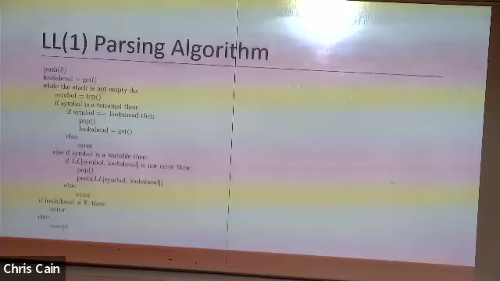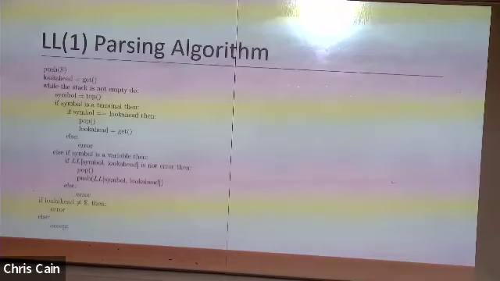If that's not possible, then we error. If the look ahead is not the end of the string, then we have to error at the end of that loop. Otherwise, once we go through this entire process, we accept.